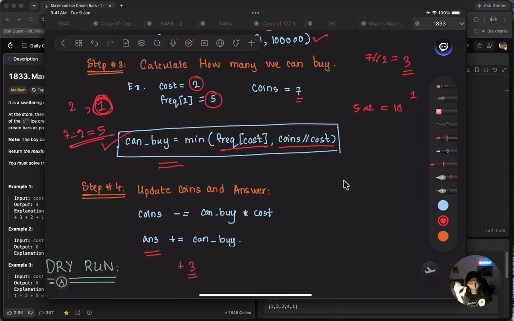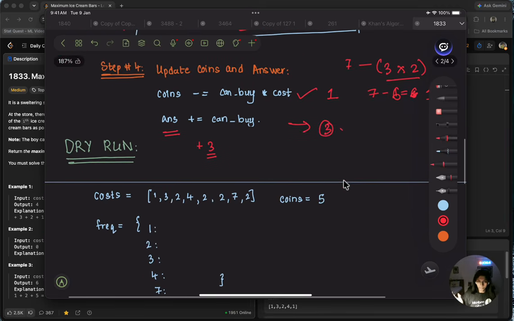Now, how many coins am I left with? I initially had 7, and I want to subtract how many I bought. I bought 3 ice creams, each costing 2. So 7 minus 6 is equal to 1. So coins gets updated to 1, and answer will be 3.